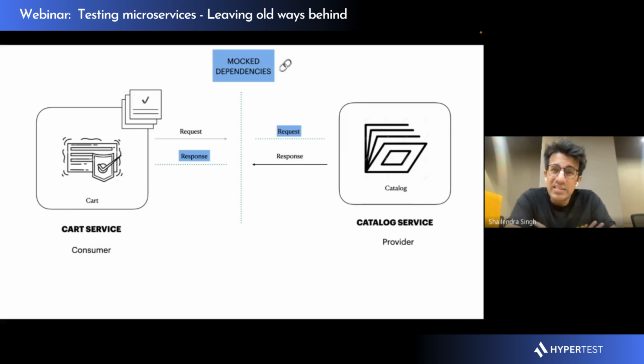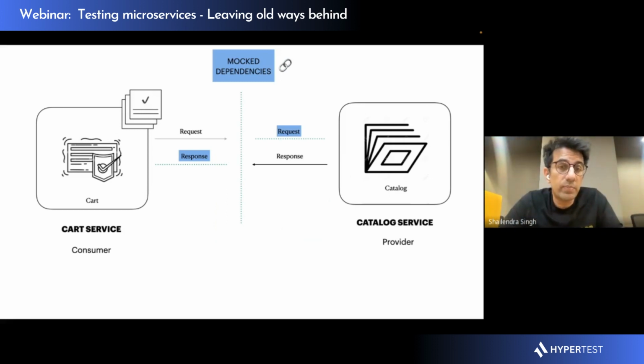Now, in a classic integration environment, both these services need to be up, talking to each other in real time, so that the cart and the catalog service are aware of the request and the response they need to send to each other. And that's the difficult part. That's the reason end-to-end tests don't work, because if you are sitting in an application, or you are in an environment where there are multiple microservices, all these services need to be up at the same time.